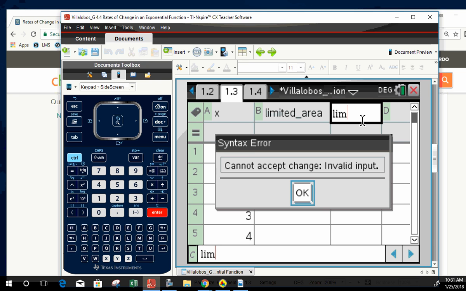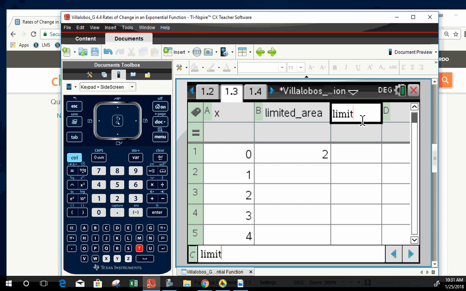So, area limit. And it's just 1,000. So right here, put 1,000, because that's going to be our square kilometer limit.